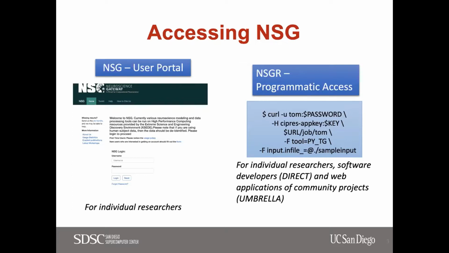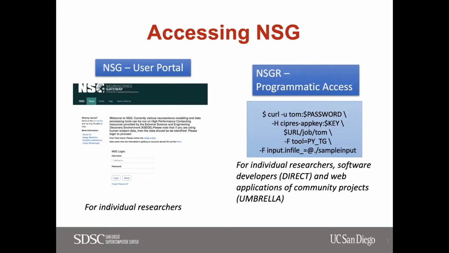Depending upon whether you want to get an individual account with us or come in through the community account projects that Amit mentioned, we have two ways of accessing the programmatic access. One is called the direct, where we require individual researchers, or you may be using a software which has already integrated the access to NSG as part of the software, and you're downloading and using that.